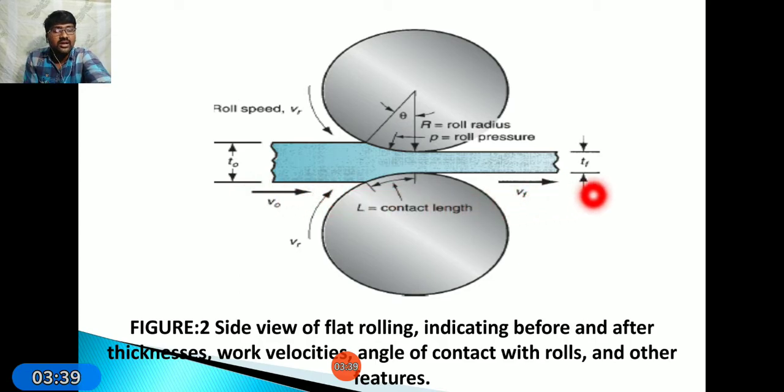TF is the final thickness of the workpart. V0 is the initial velocity of the workpart. VF is the final velocity of the workpart; VF is greater than V0 because the length increases, and when the length increases the velocity increases. L is the length of contact from the starting point to the ending point. These are the different parameters we use in the analysis of power and force.